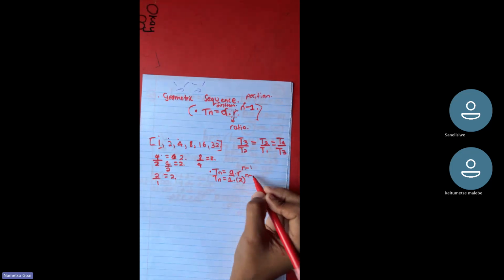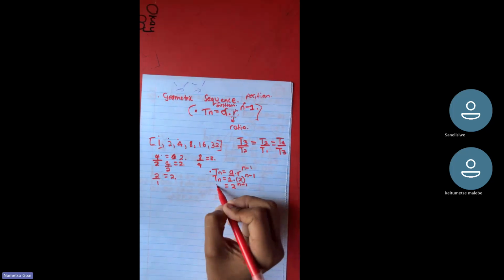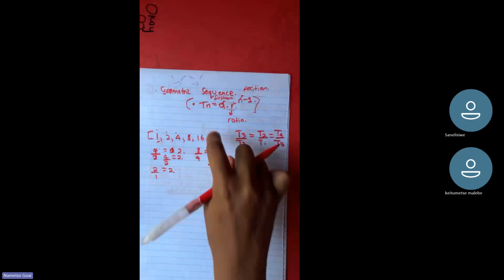Then it will be n minus 1. So it's just 2 raised to the power n minus 1. This is the general formula of this sequence over here. So let's say they say determine the term 21.